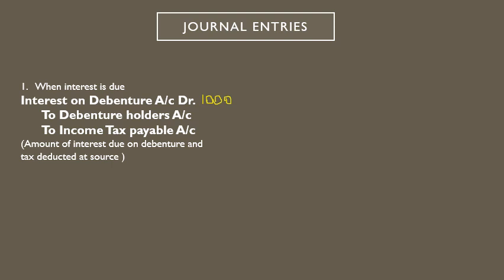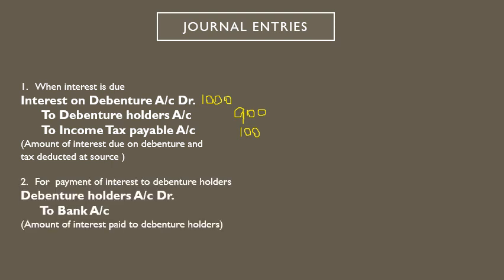So first of all, we have to deduct the tax. Suppose the tax percentage is 10%. On this 1,000 rupees, tax will be 100. So the remaining portion will be paid to the debenture holders. So the debenture holders will get 900 rupees. So this is the case when the interest is made due. Here the debenture holders account is credited with 900 rupees and the tax account is credited with 100 rupees.